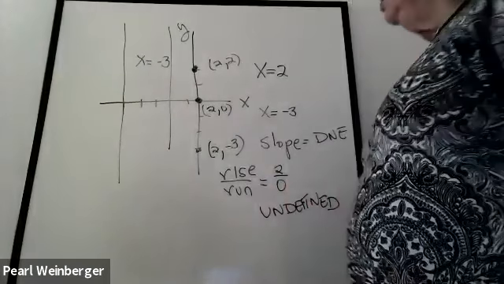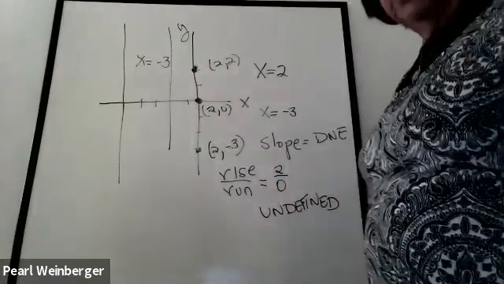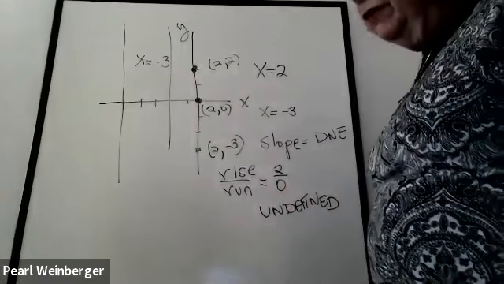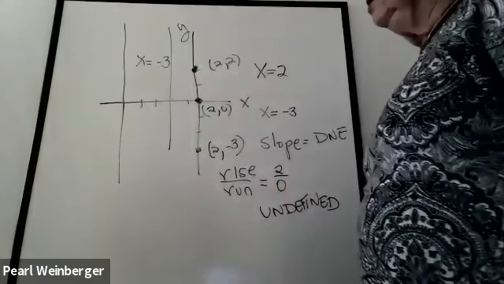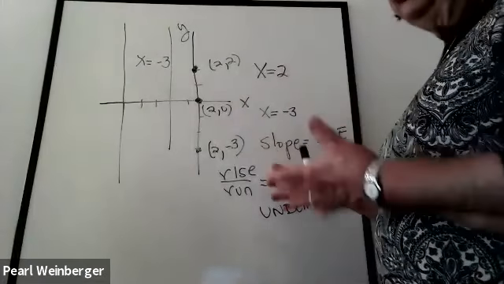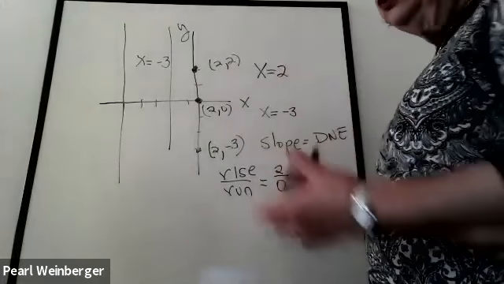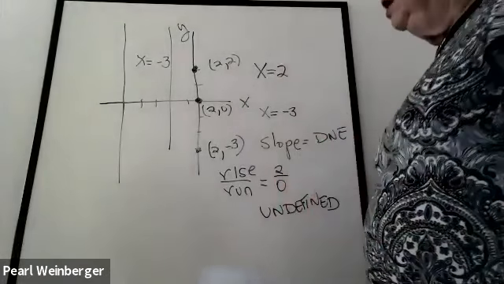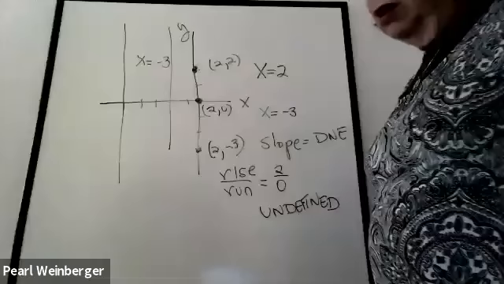A vertical line is the only type of line that does not have a slope, because remember, the slope is a fraction, and you cannot deal with a fraction with 0 in the denominator. That's not a valid number.